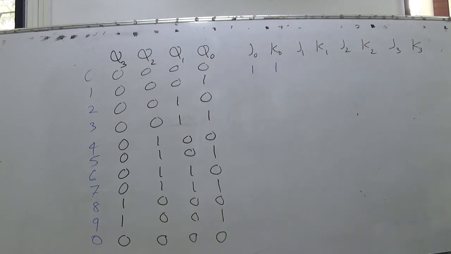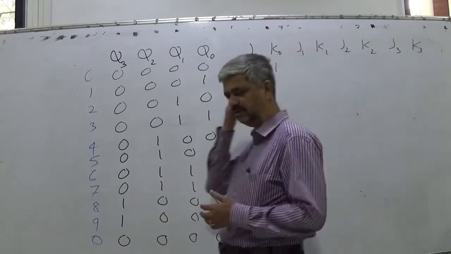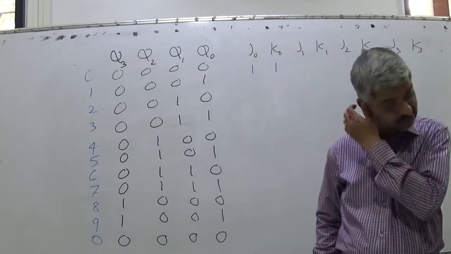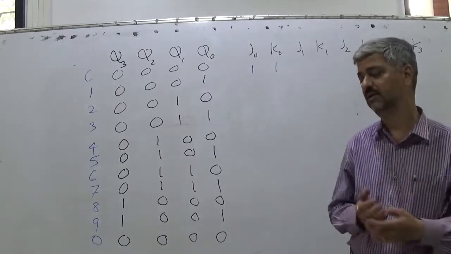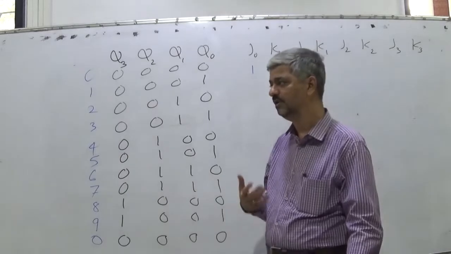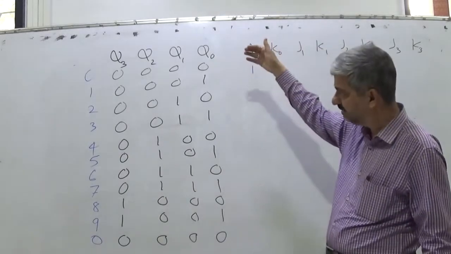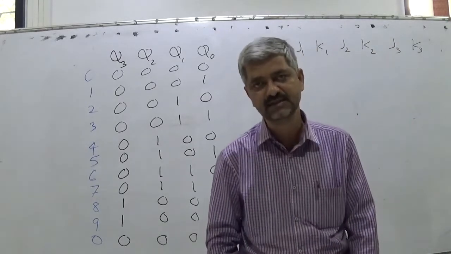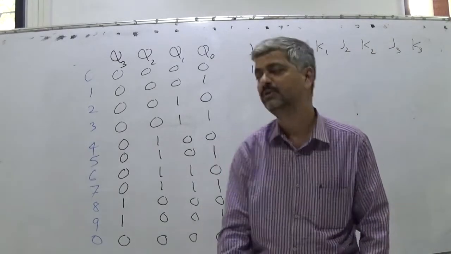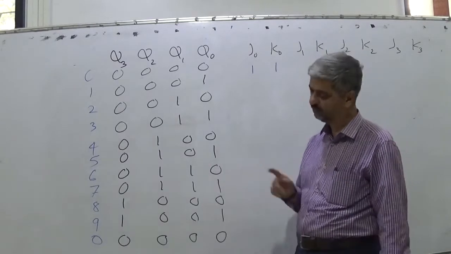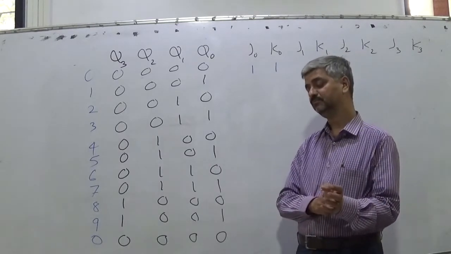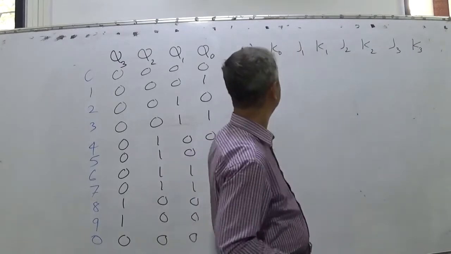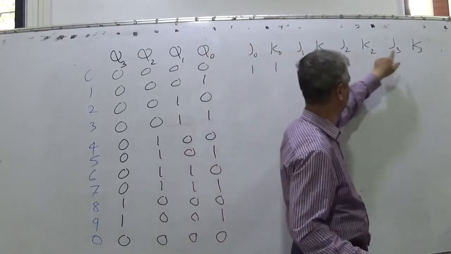I think that after the last few sessions, students must have been well exposed to the concept of how we design a counter. What we want is a decade counter. It has 10 valid states from 0000 to 1001, and it has 4 flip-flops: flip-flop 0, flip-flop 1, flip-flop 2, flip-flop 3.